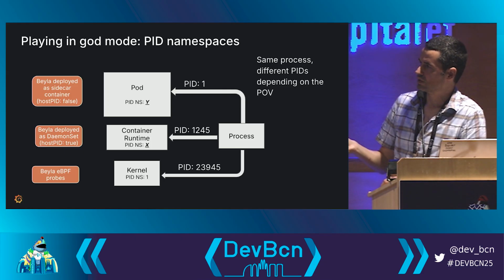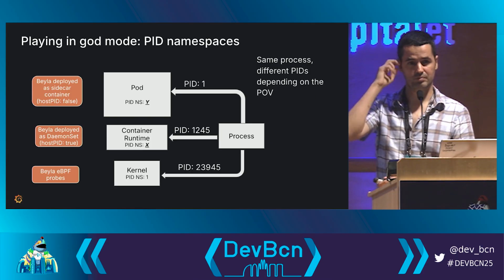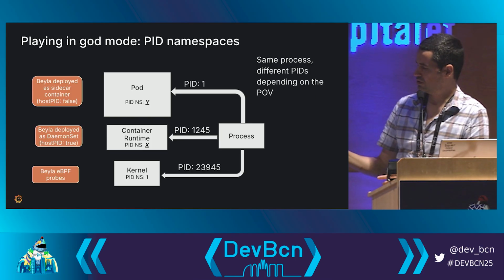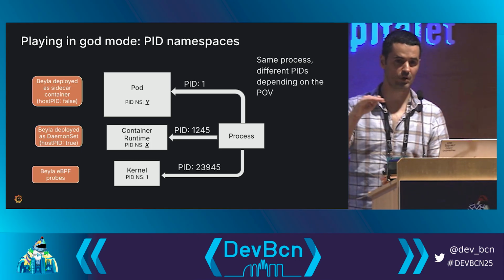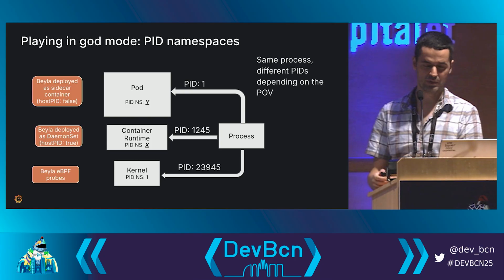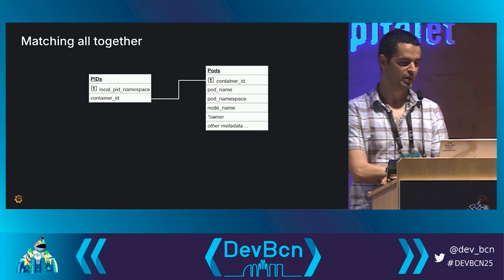This is because PIDs have namespaces in Linux. So the PID 1245 from namespace X is not the same as the PID 1245 running in namespace 1, which is usually the lowest level namespace. So we need to be aware of those things.